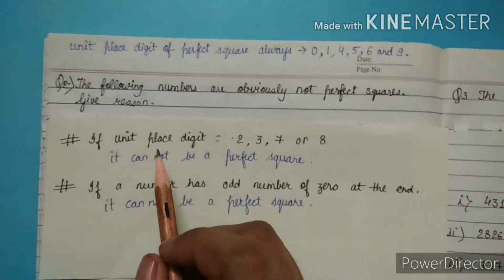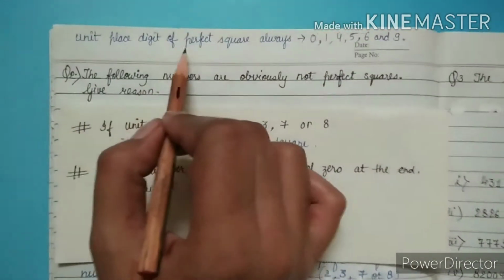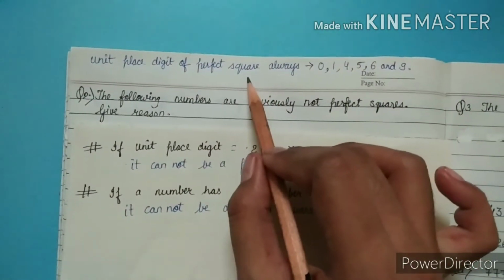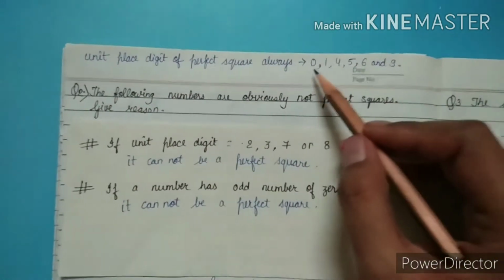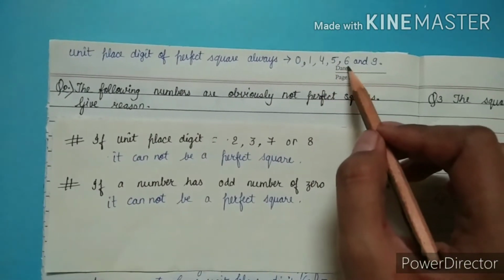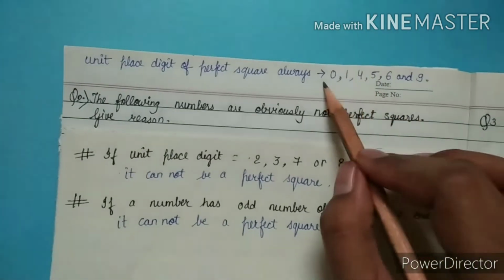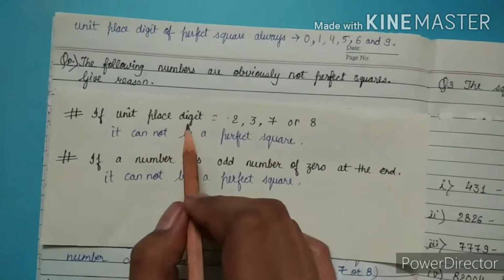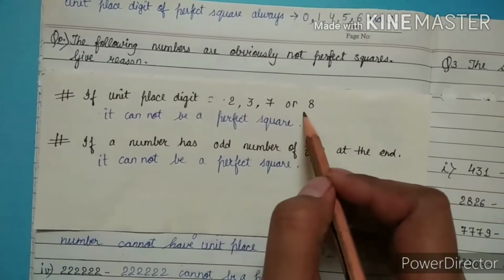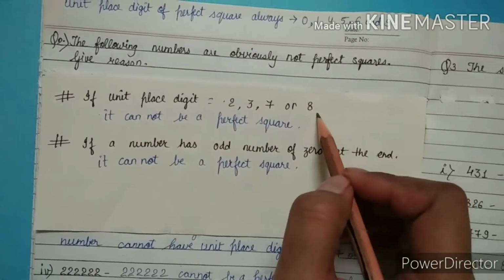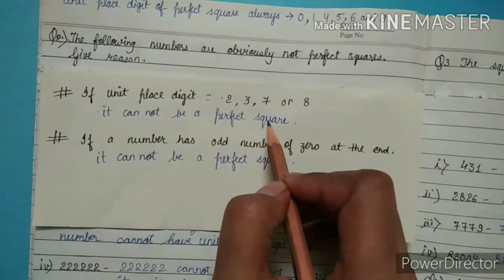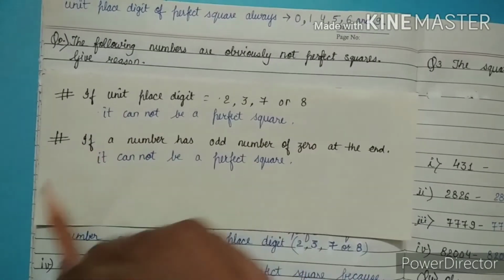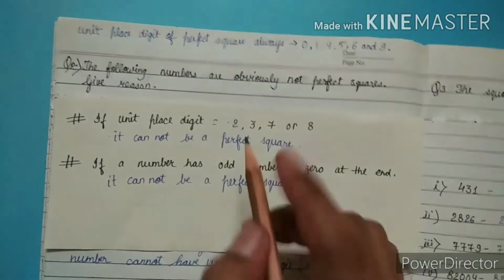We learned that the unit place digit of a perfect square is always 0, 1, 4, 5, 6 or 9. Whenever we take any number's square, its unit digit will always be one of these. But if on the unit place we get 2, 3, 7 or 8, it cannot be a perfect square. This is the first reason.